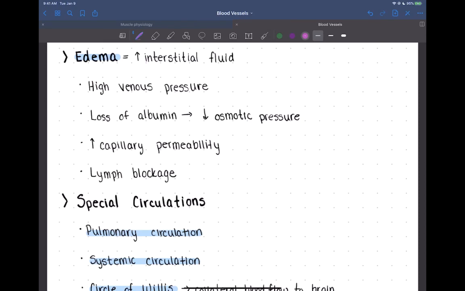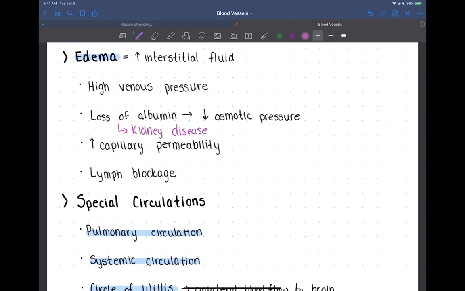And so this can be seen frequently with kidney disease, okay? Because the kidney's job is to filter blood to make urine. And so they have, think of it like a colander or a sieve with very fine openings, but those openings are too small for albumin to fit through.